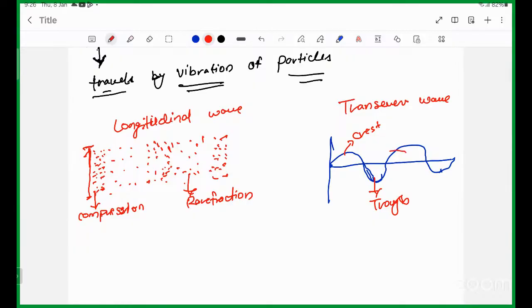This we call one wave. It is called the wavelength, represented by lambda.